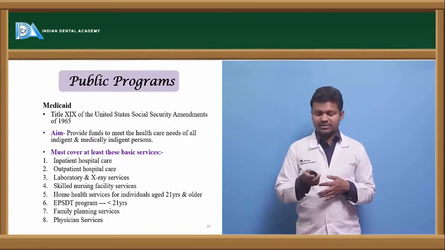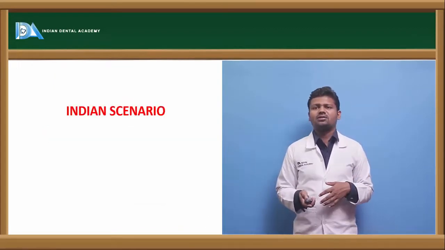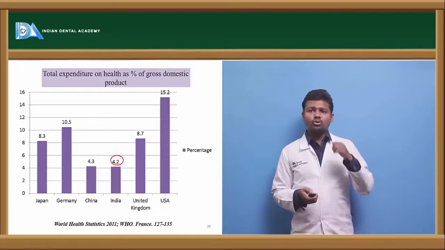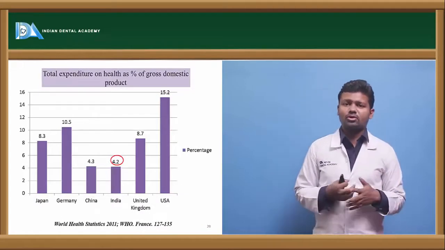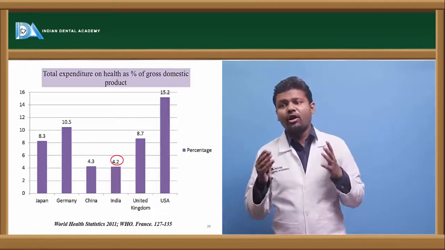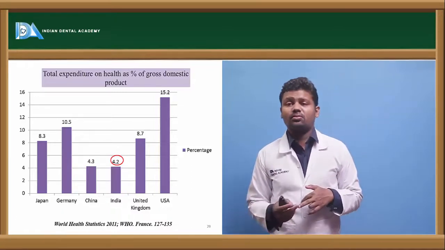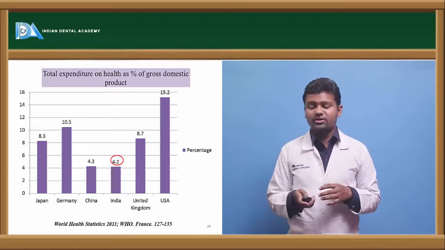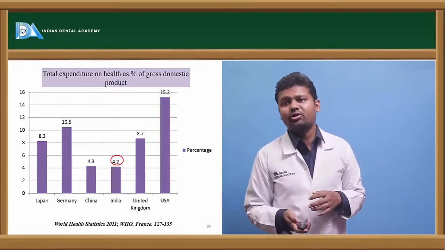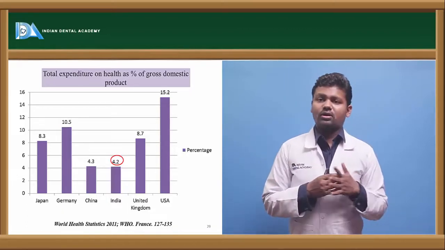Now coming to our Indian scenario: of the total GDP, that is gross domestic product, India is spending only around 4.2 percent as compared to the USA, which is providing 15.2% of its GDP. So India is ranked below almost every country.